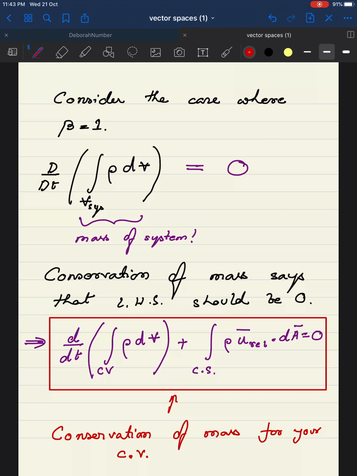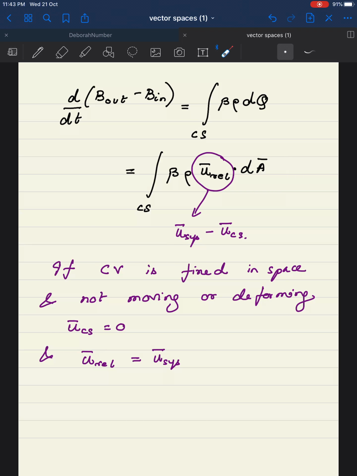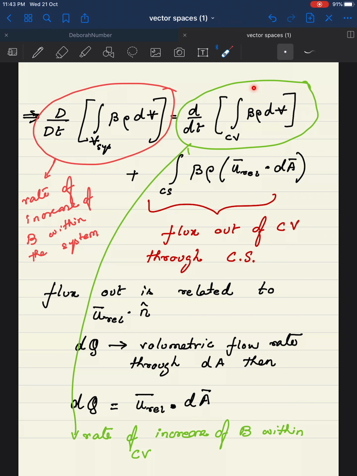Otherwise it just seems like a lot of abstract mathematics with no relevance to things, and I have a feeling that's not a very useful method of learning. So choosing different betas will lead me to different properties, and that will help me relate this important Reynolds transport theorem with important conservation laws.